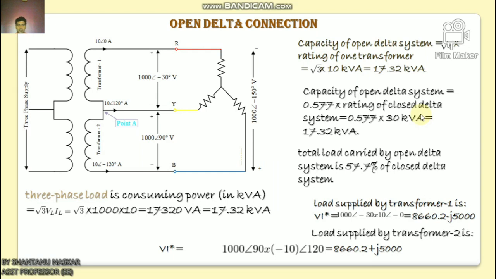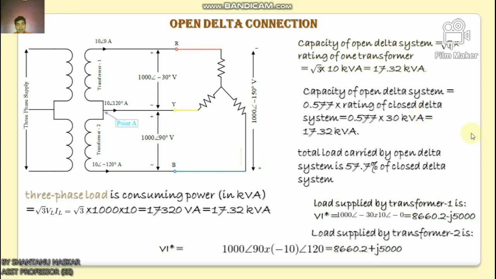So this is the basic idea. If the output of open delta system were possible to be 20 kilovolt ampere, then the efficiency of closed delta and open delta system would be the same. And in the whole world, to supply three phase load instead of three single phase transformers, two single phase transformers may be sufficient. So you are able to continue three phase supply as open delta system but at reduced efficiency.